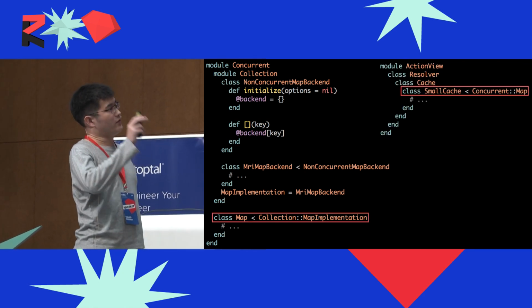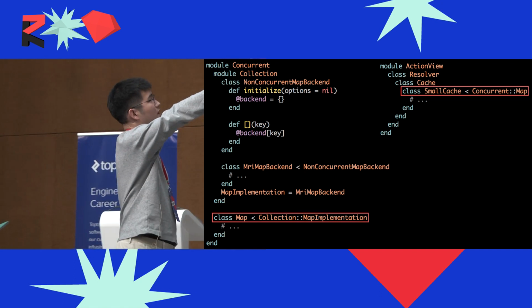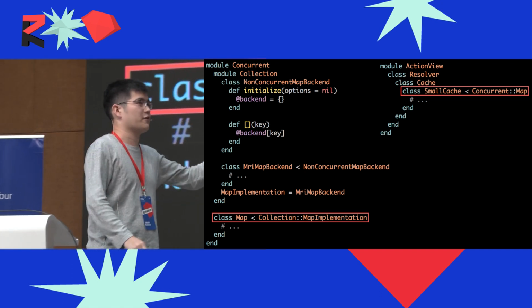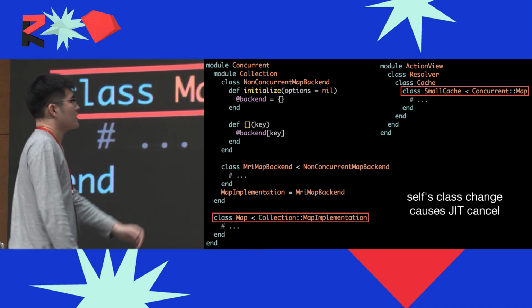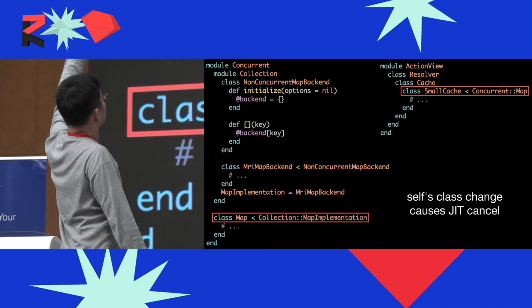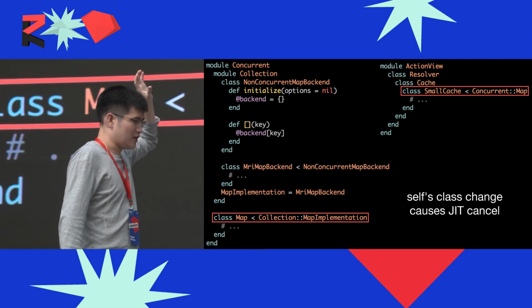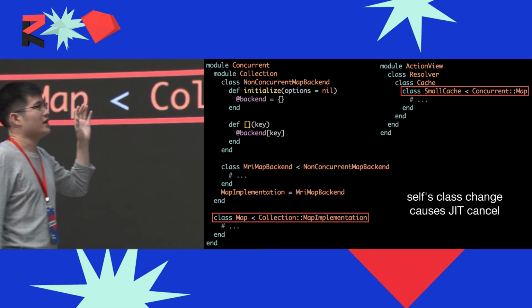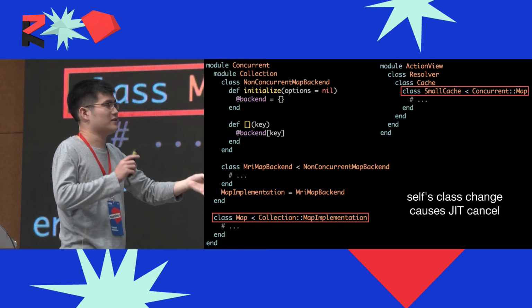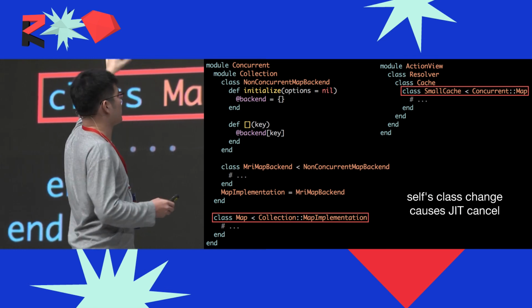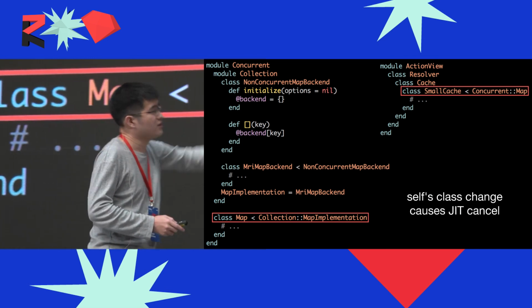And also, Rails has a subclass of the concurrent map, and both are used in the Rails core. That means that the blanket method's entry can be used as multiple classes, and we cannot speculate that the instance variable is not for concurrent map or small cache.